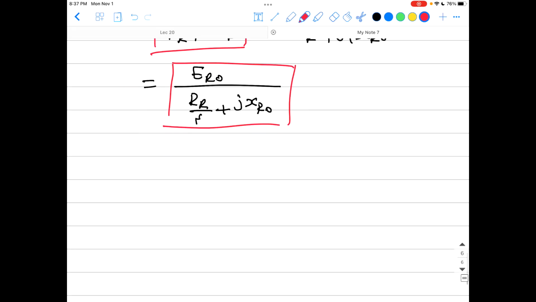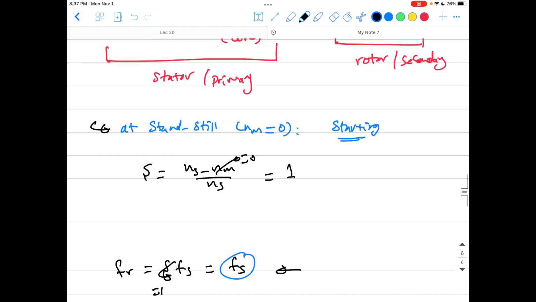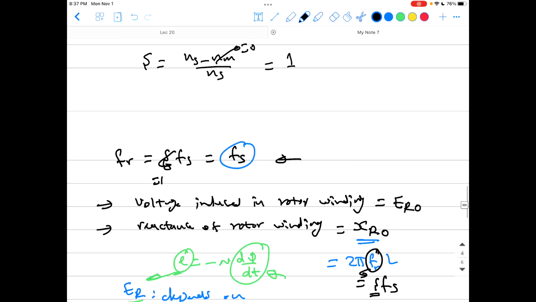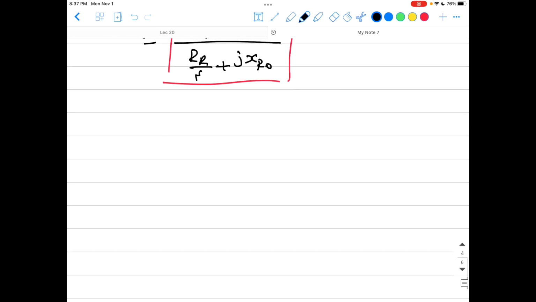That's why, rather than having the equivalent circuit like this, using XR, RR and ER, we will have the same effect if it's like this. That is R1 plus jX1.